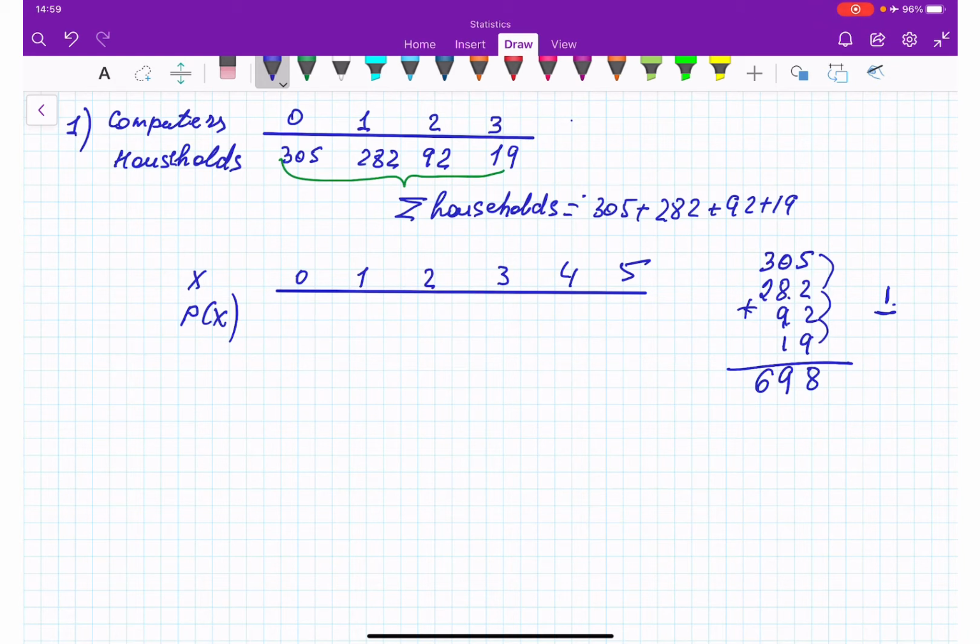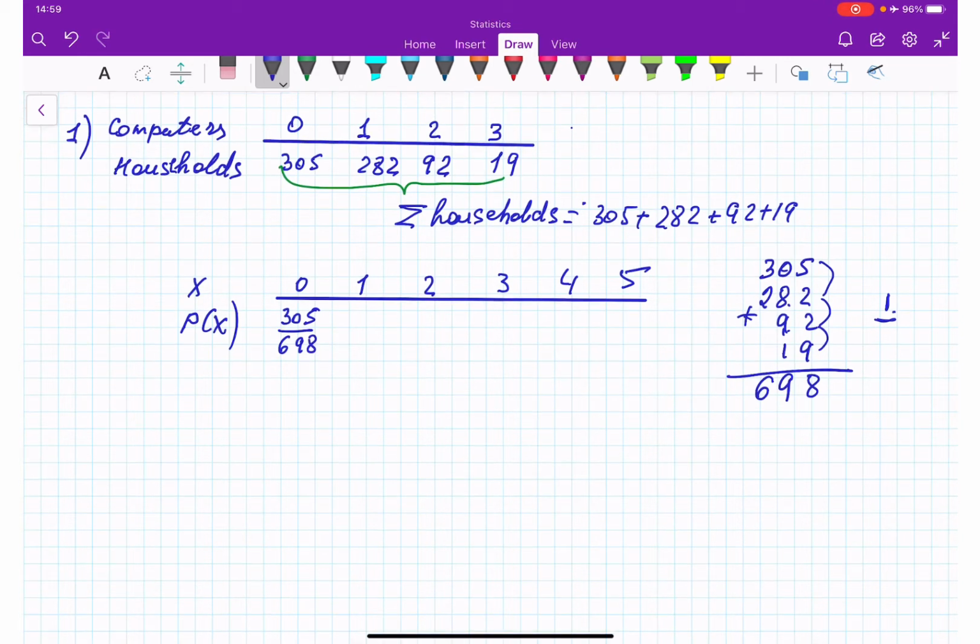Okay, so the probability for 0 computers is going to be 305 over 698. For probability of households having 1 computer, it's going to be 282 over 698, and then 92 over 698.